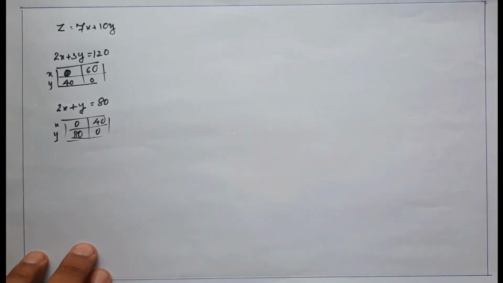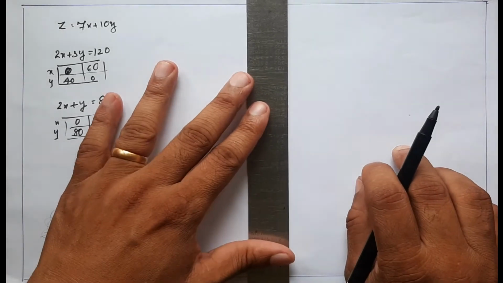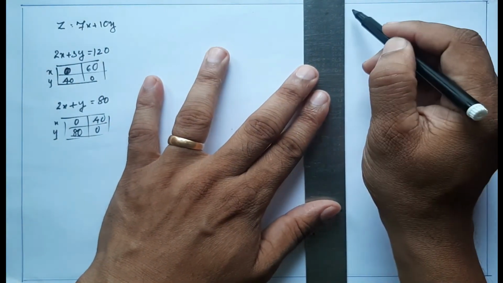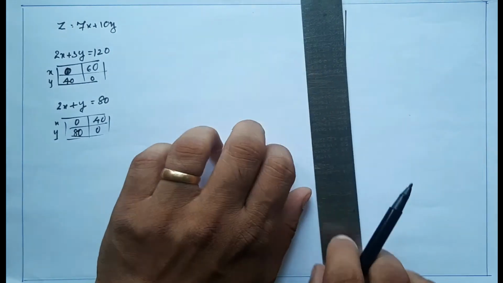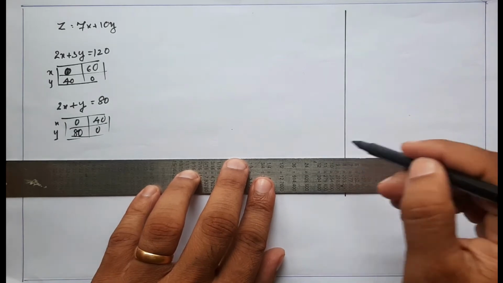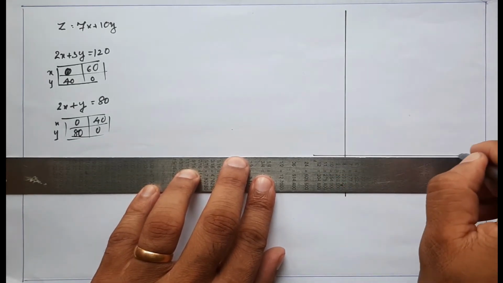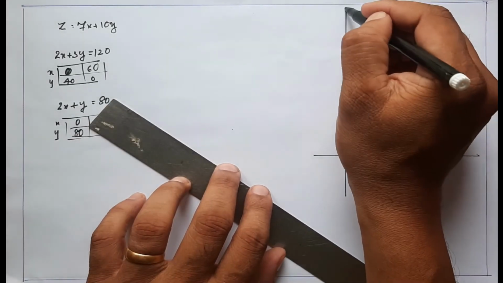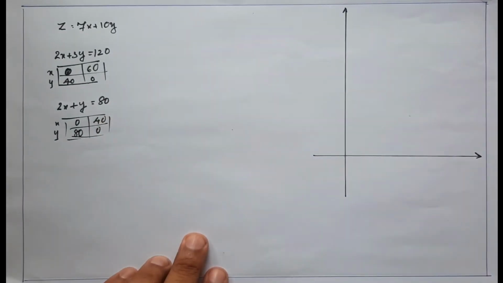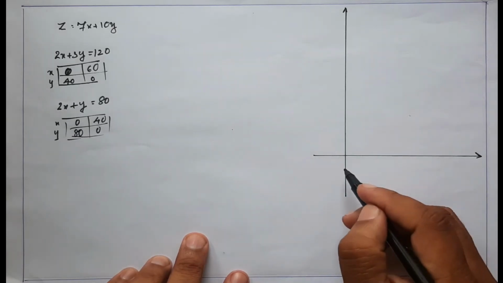Now plot the points on a graphical plane. First coordinate is positive. Here x and y are also positive.